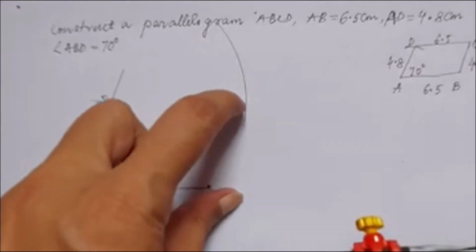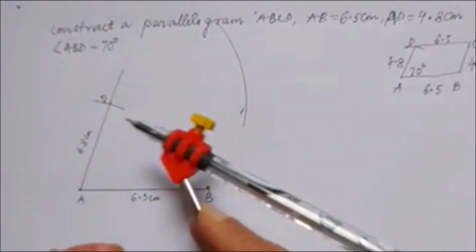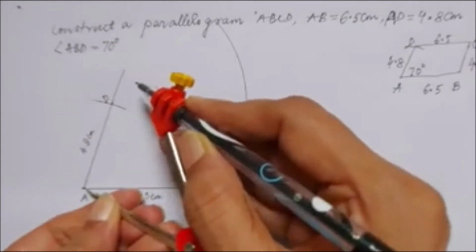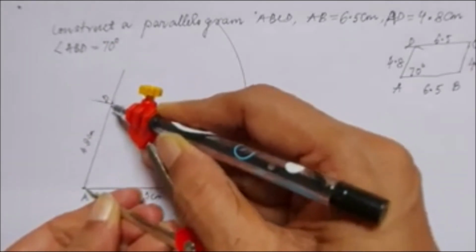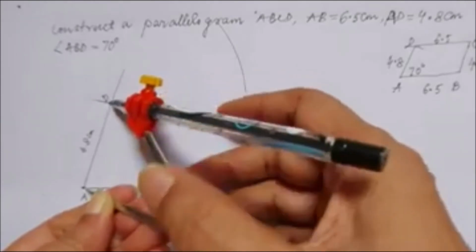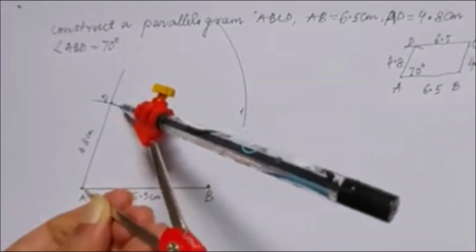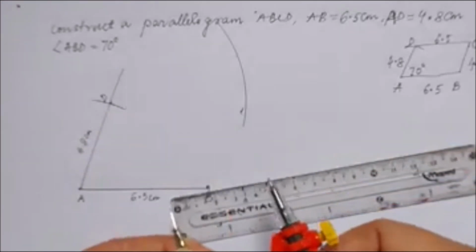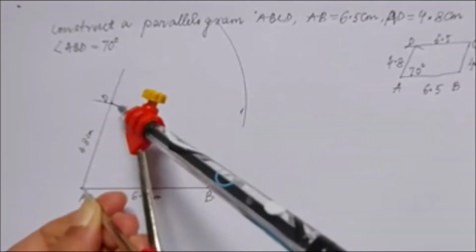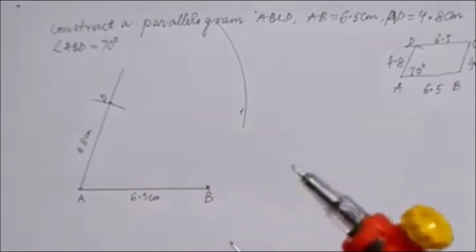From B, I'll take how much? 4.8. So I'll put the compass tip on A and the pencil tip on D. That means I'm taking exactly 4.8. I can take it on the scale again, but as I've drawn it, I'm not going for the scale. You can take the scale also.